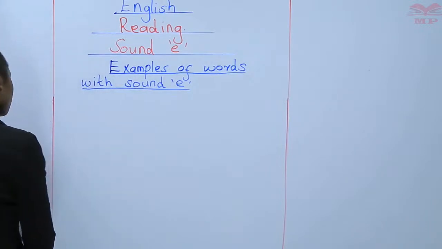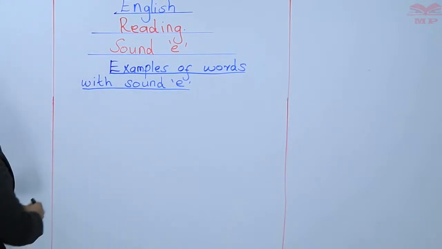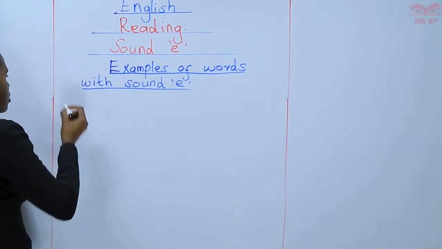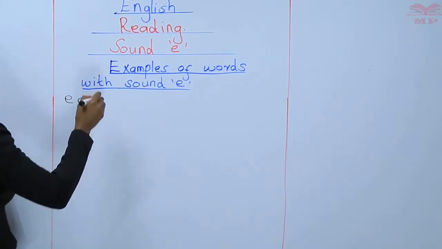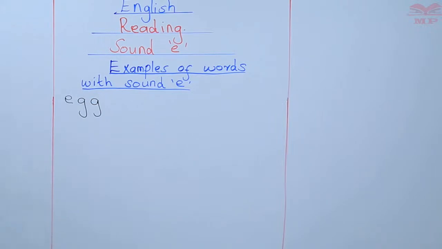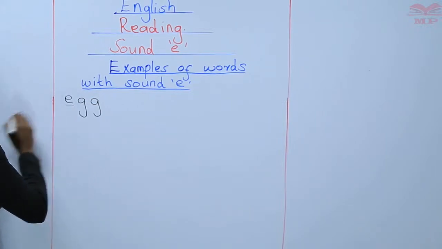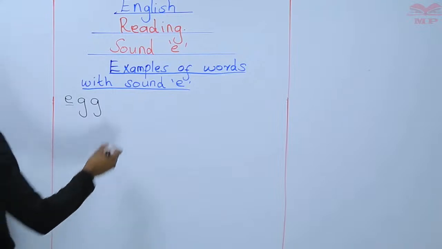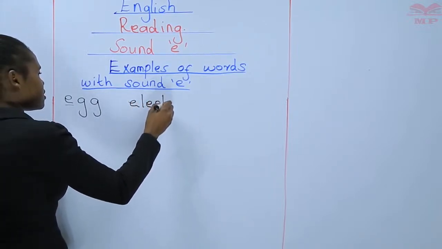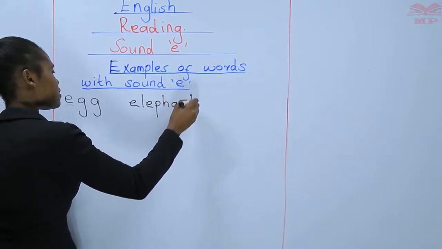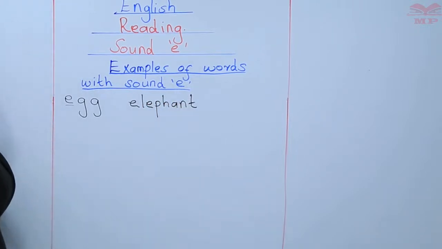Examples of words with sound A. So my first word here is egg. Now the word egg has sound A at the beginning. Then we have elephant.